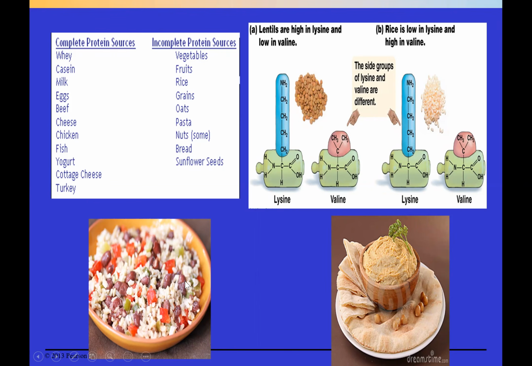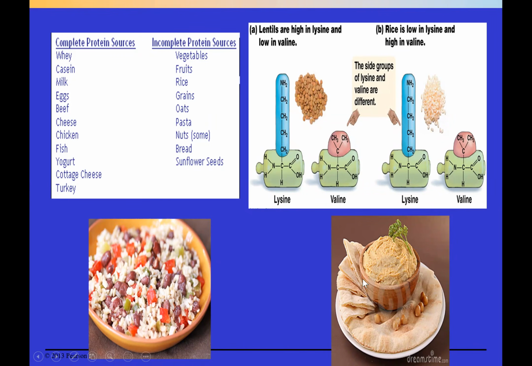So if you take rice and beans, rice is low in amino acid lysine and high in valine. And it is the opposite for all the legumes. So together it becomes a complete food. So even if you are a vegetarian, you can eat an optimal diet.